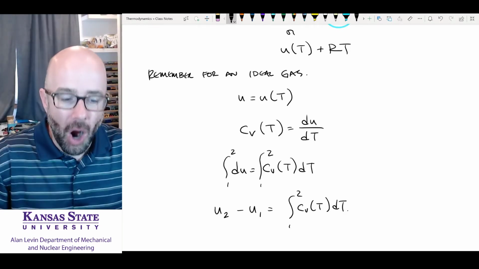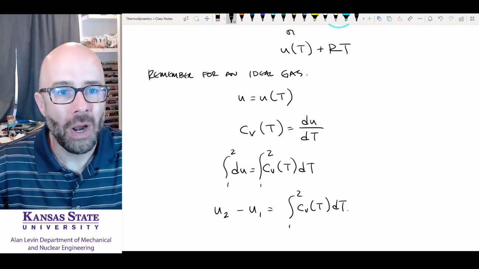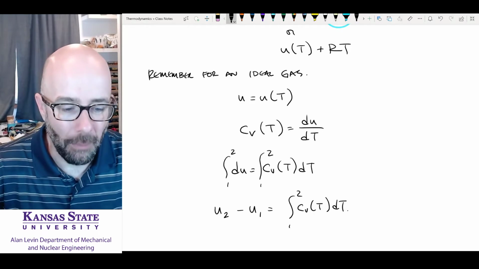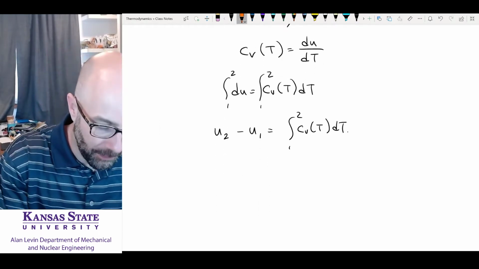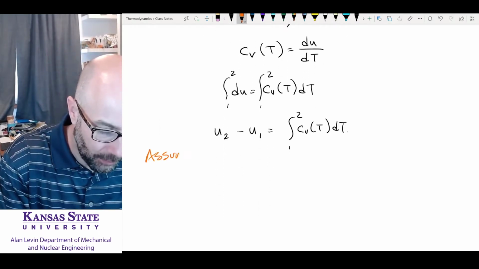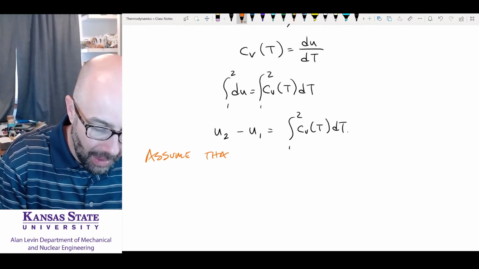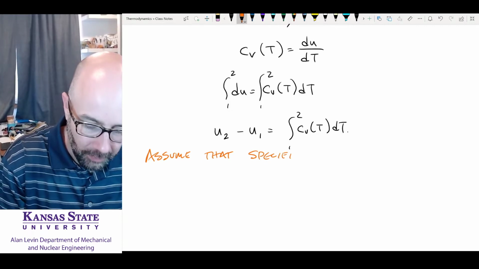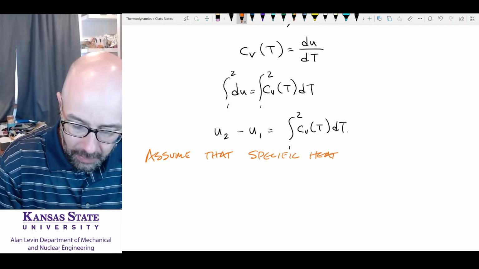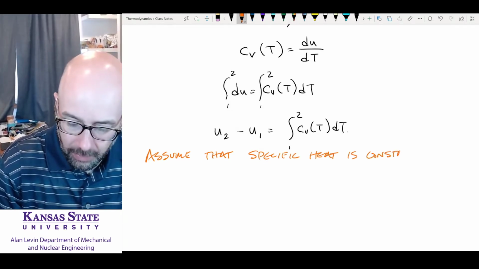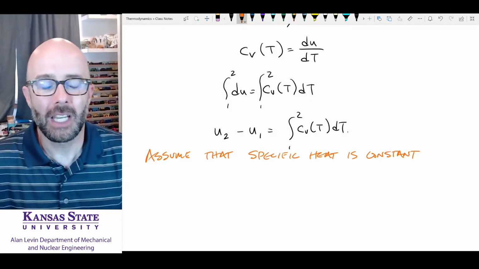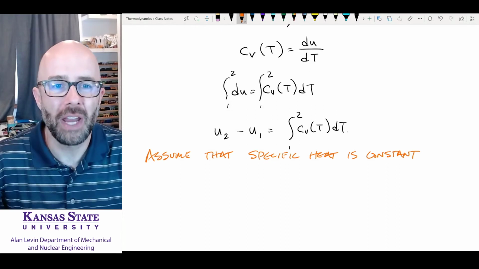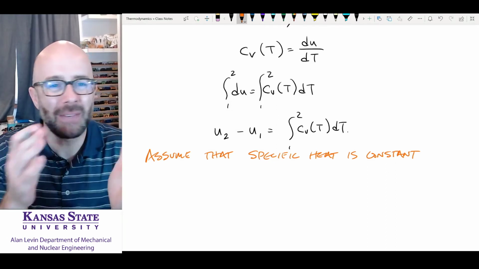Now, there are cases, however, where you don't want to use the tables. You can say, let's assume that the specific heat is constant, because specific heat is roughly constant over a small range of temperatures. You often can say the specific heat doesn't change that much.